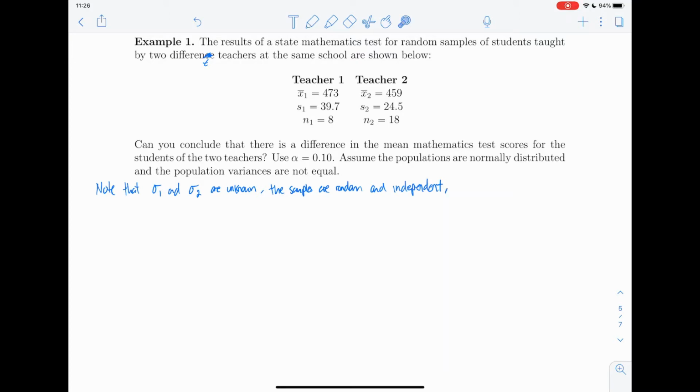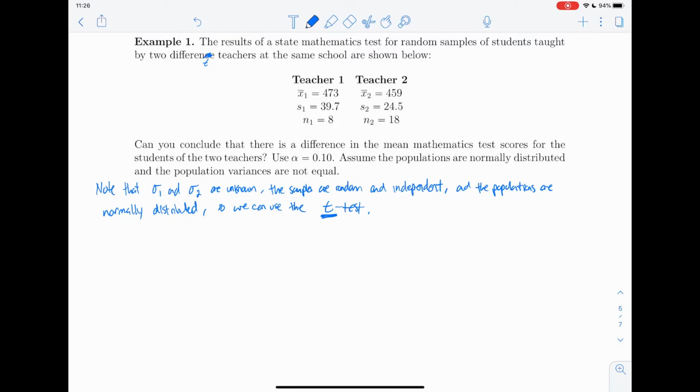Additionally, we have this important assumption that the populations are normally distributed. So the net result of all of these preliminary observations is that indeed we're in the context of the t-test. So we can use the t-test.